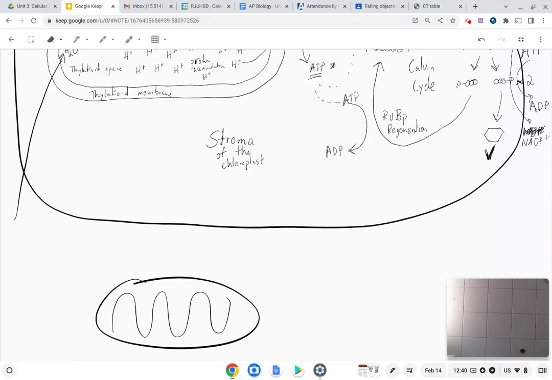So we know that water is produced and released by the mitochondria. We know that carbon dioxide is also released. And by the way, we already have a diagram of cell respiration. We also know that the very sugars that are made by the chloroplast are the input for the mitochondria.